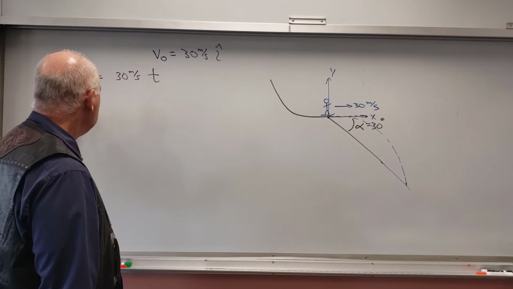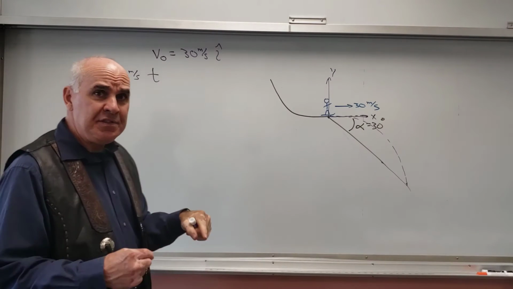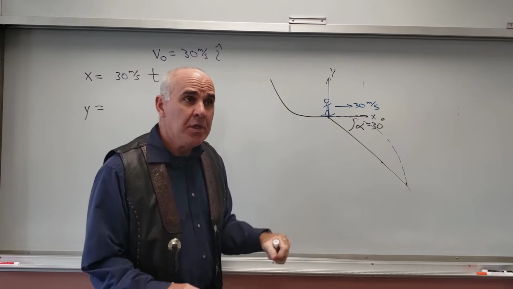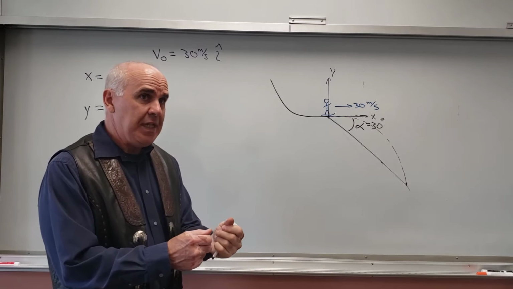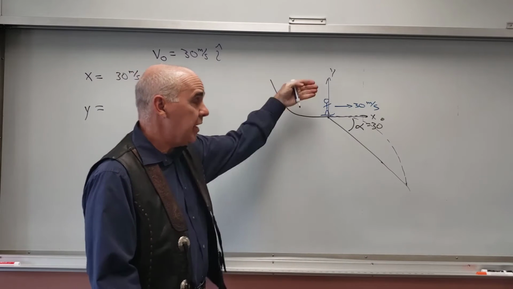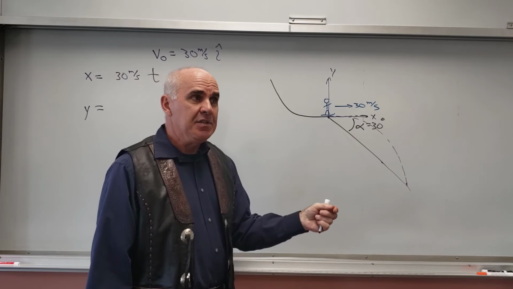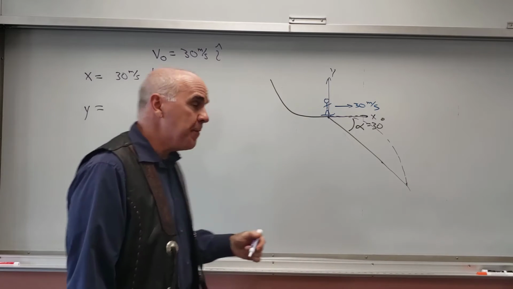The y value is equal to y0. Again, that's at the origin, so that's equal to 0, plus the initial velocity she has in the y direction, but she has no y velocity. It's purely x. So that's 0. Minus 1/2 gt squared.